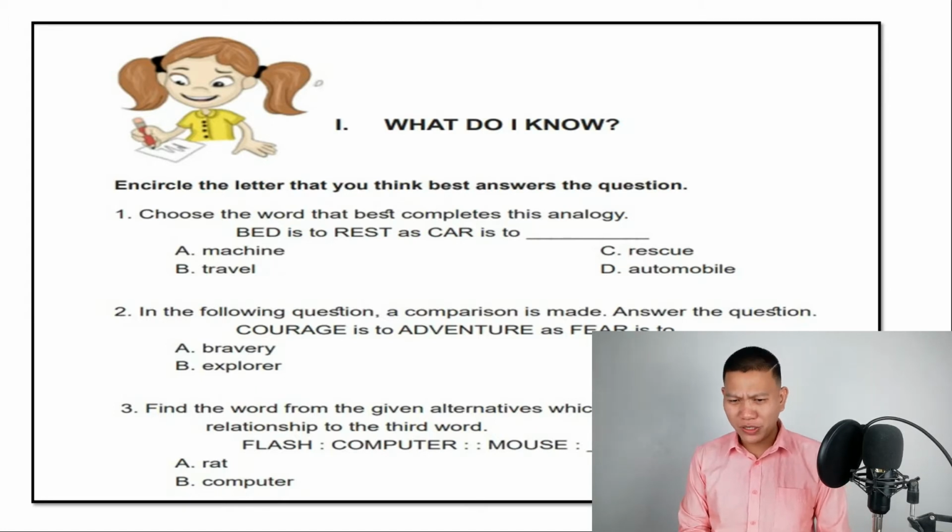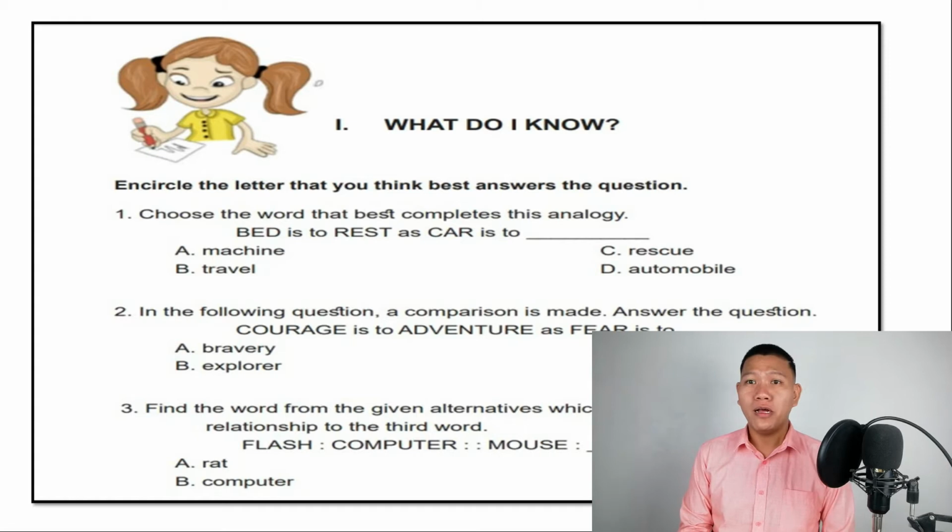You have to answer these questions in your module, but let me just answer the first one for you so that you will have an idea as to how you do it. What do I know? Circle the letter that you think best answers the questions. Number 1. Choose the word that best completes this analogy.